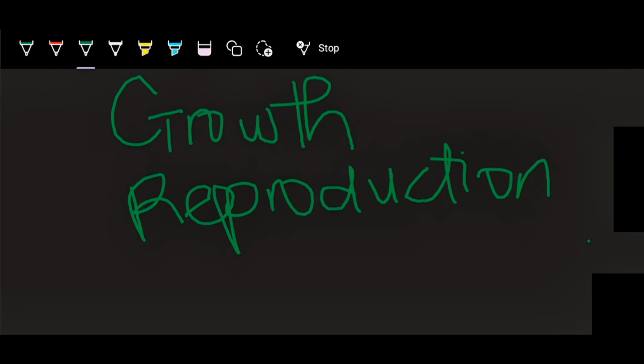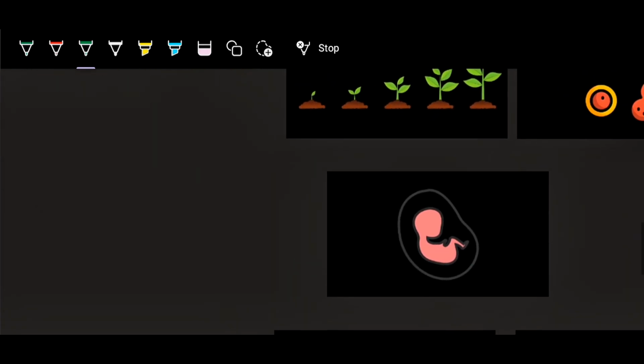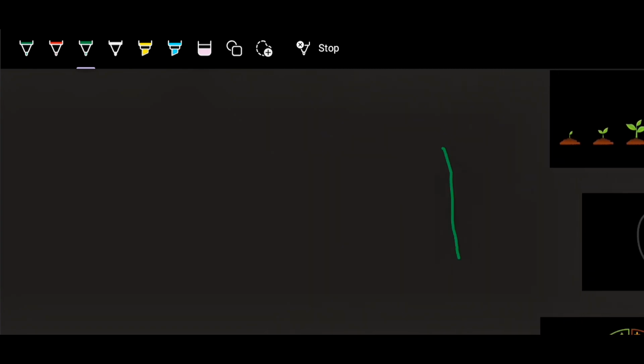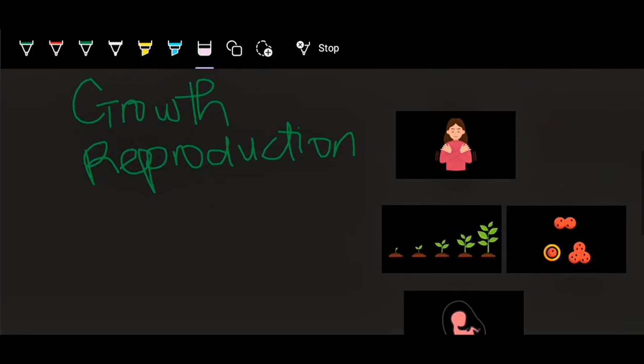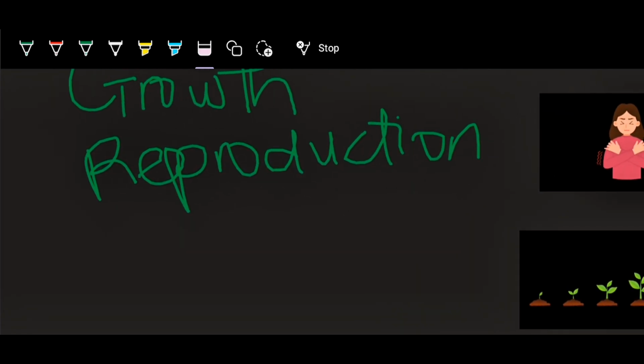That's understandable because as humans we can create babies. You can also look at it for other organisms like bacteria. They can multiply into more bacteria.